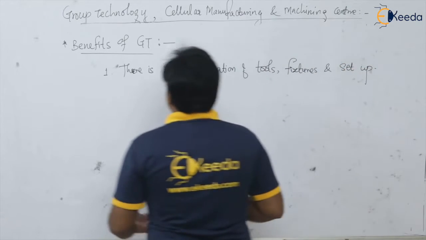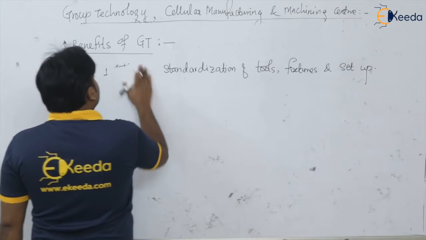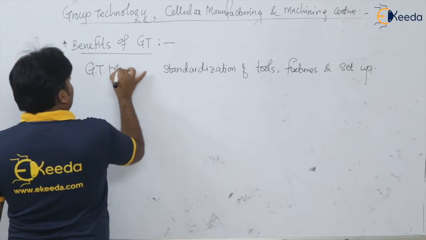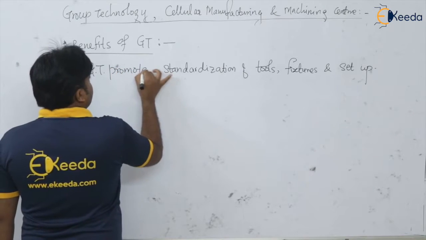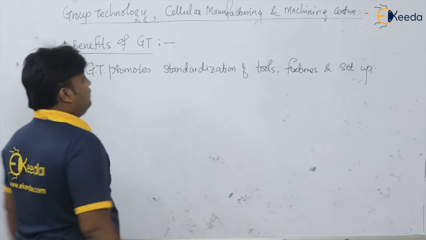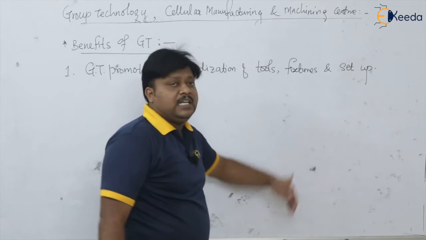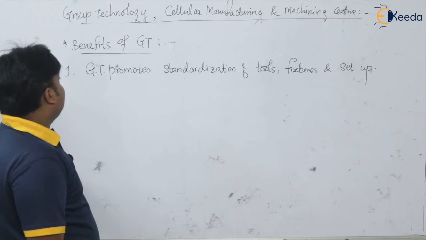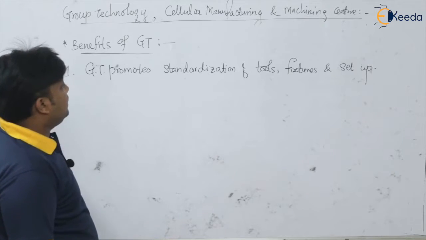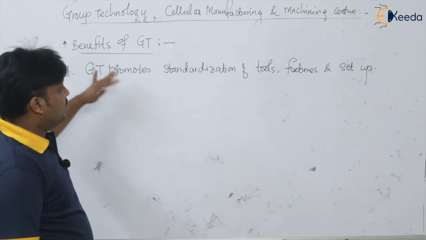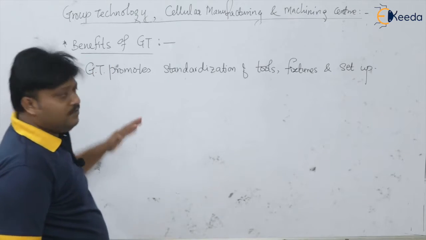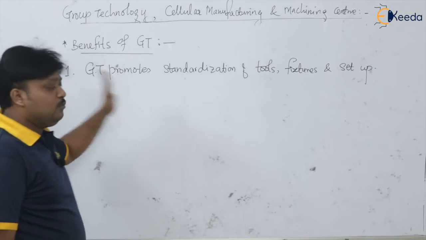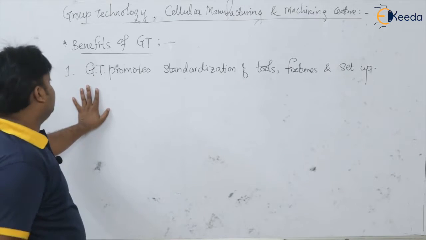So the GT promotes the standardization of the tools, the fixtures and the setup on the floor. Okay, so that is a big advantage or benefit we are getting from group technology. That is, we are standardizing the tools, fixtures, whatever is required for that production, and the setups.